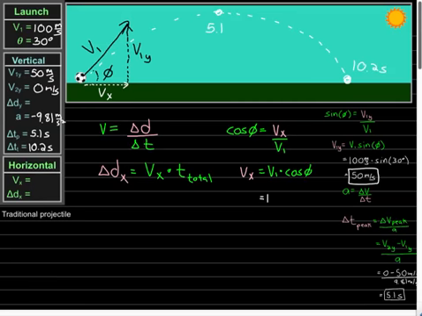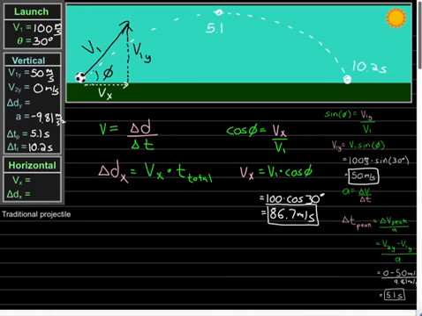Plugging that in, we have 100 times the cosine of 30 degrees. 100 cosine of 30 comes out to be 86.7 meters per second.